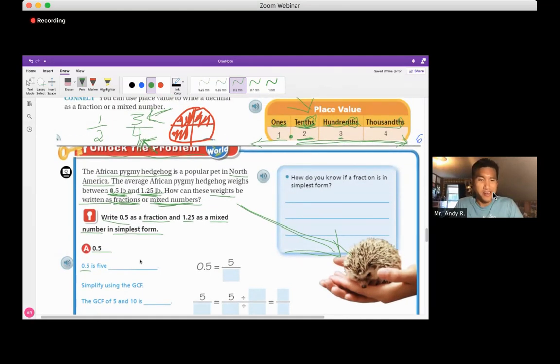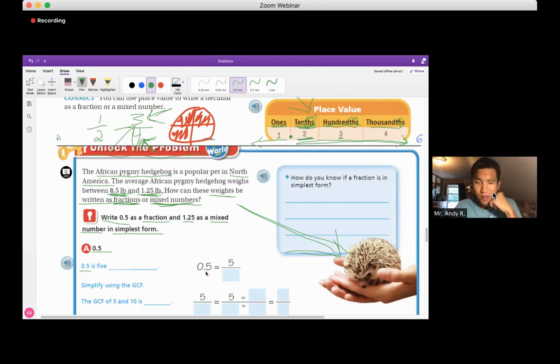And then, okay, how do we convert 0.5 into a fraction, like the fractions we looked at, like 3/4? When we want to convert decimals to fractions, here's the trick.